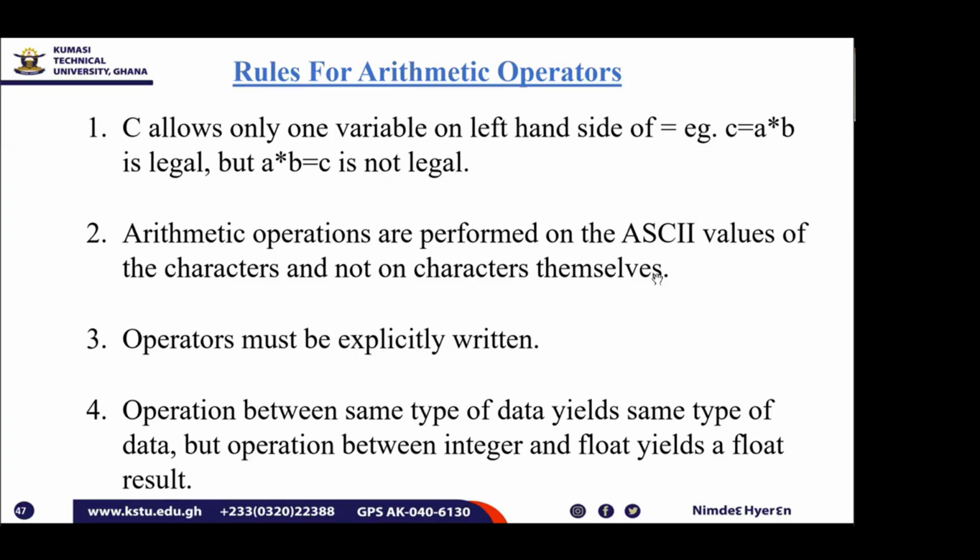So for example, before the equal sign, you can only have one variable. So C equals A asterisk B is what is legal to do in C programming. But you cannot perform it the other way around and say that A asterisk B equals C. That is not workable. C does not allow that. So you take note of that. That is rule number one.